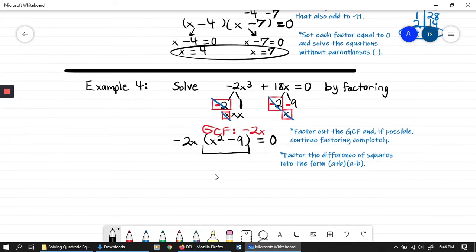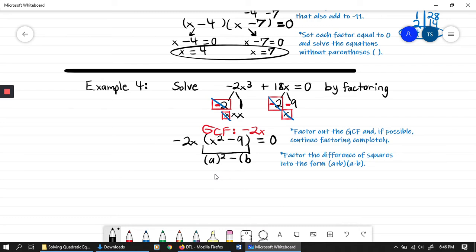So we can see here that this part that we can factor further is a difference of squares, and we need to factor that into the form that a difference of squares is factored into. It's a difference of squares because it can be written in this form, a squared minus b squared.